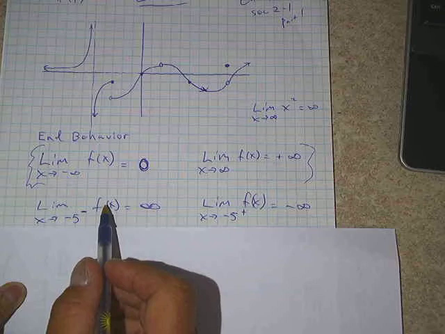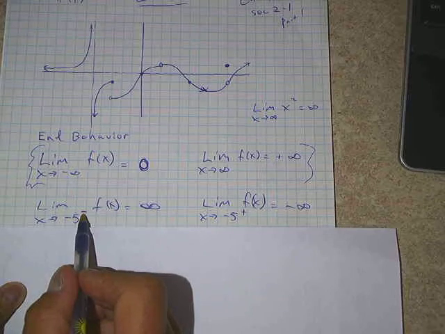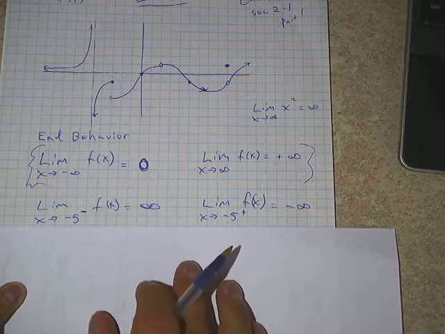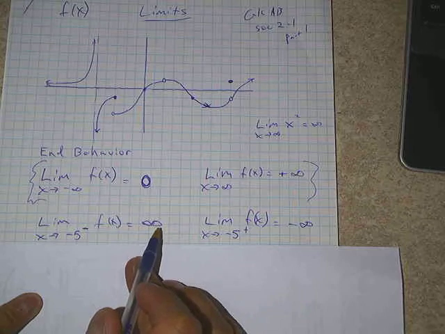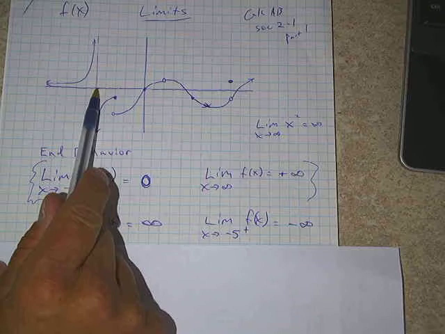This reads almost the same way. We're asking for the limit of f of x, in other words, what the y values of f of x are approaching when x is approaching -5, and the minus sign means from the left. So -5 minus means from the left.